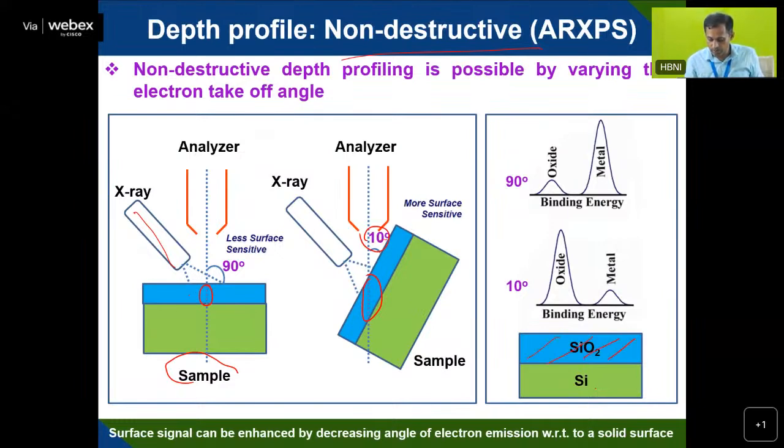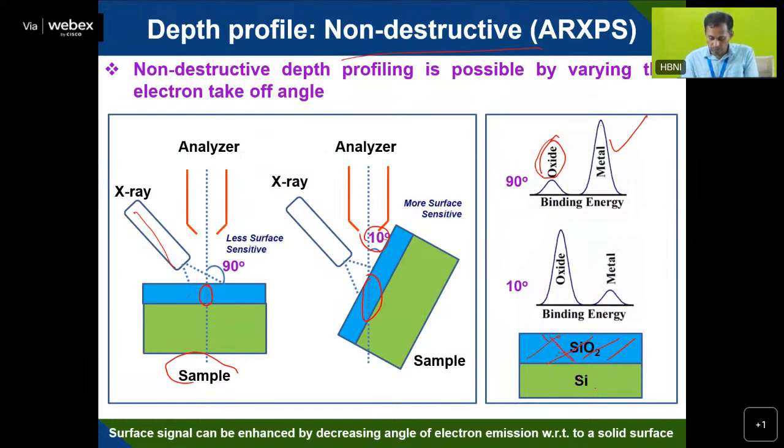At 90°, you can only get the XPS data from the oxide. Here is the oxide data. When you have 90° in this case, the oxide is less, but you get the silicon signal higher. But at 10°, the oxide profile will be increased.